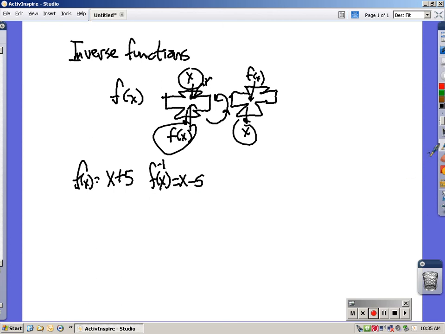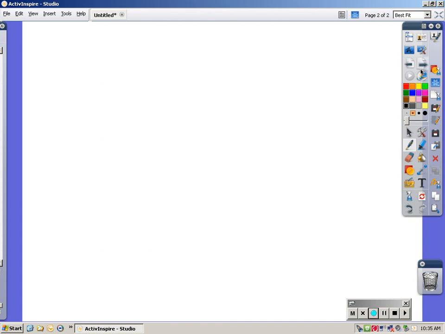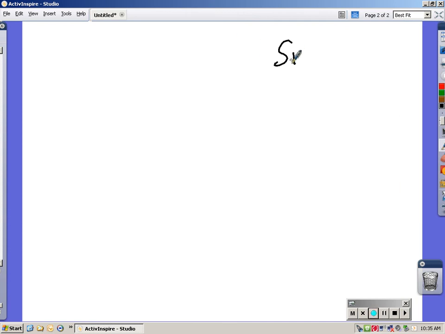So with that in mind, how do you go about finding an inverse function, if it exists? Remember, it doesn't even necessarily exist in the first place. In class we came up with some steps for how to do this. The first step was to replace the function notation with y.